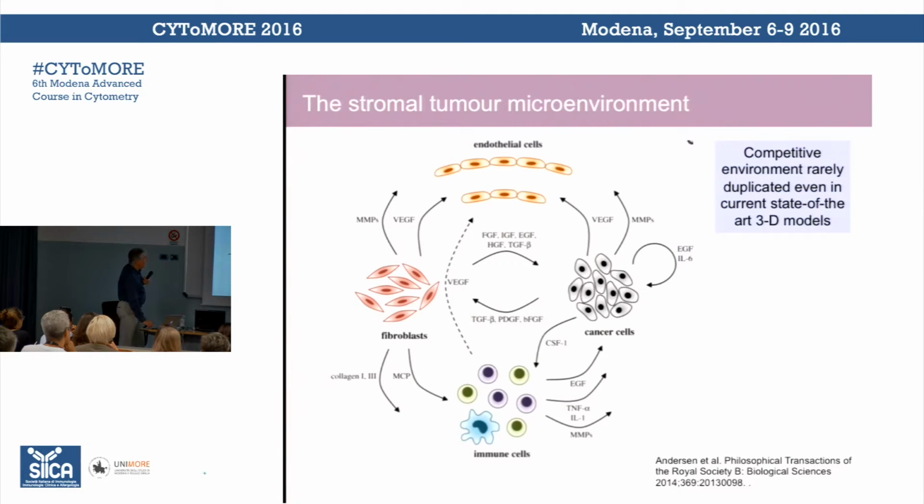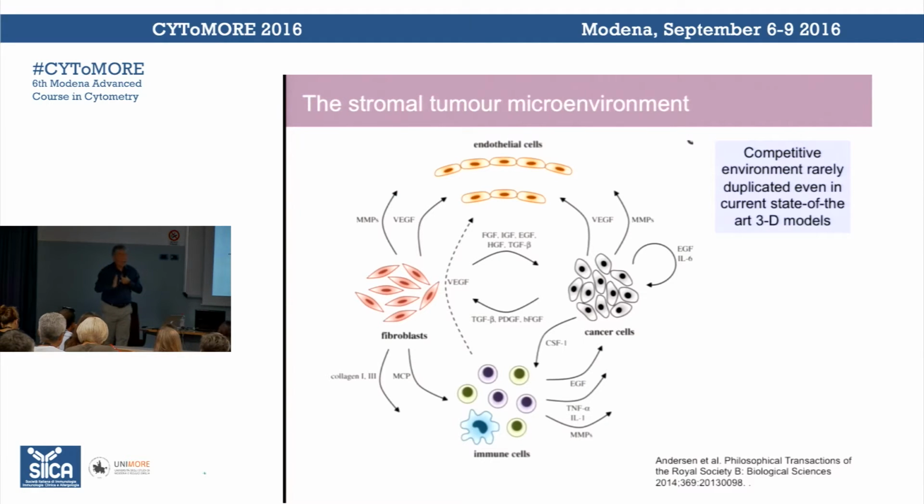It's a competitive environment, and that environment is never, full stop, never replicated in any in vitro or partially in vivo system, such as a PDX model. That's because you cannot reproduce the dynamic nature of that interaction. All you can do is look at components.